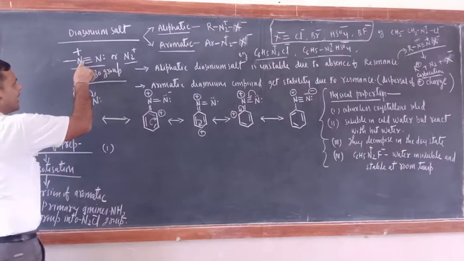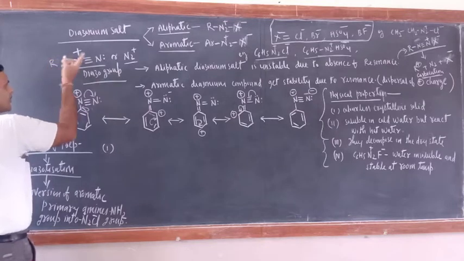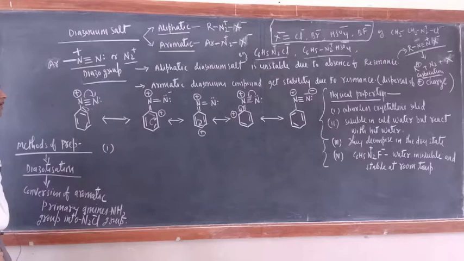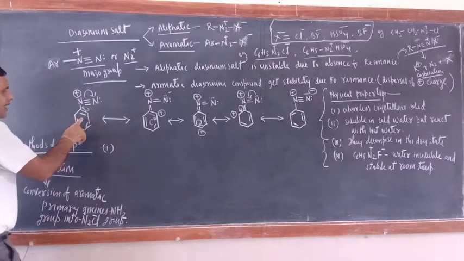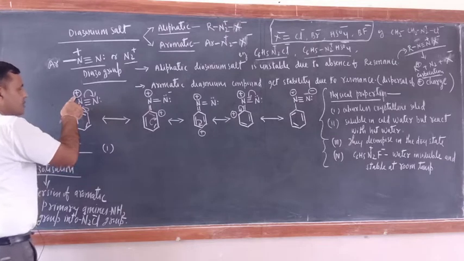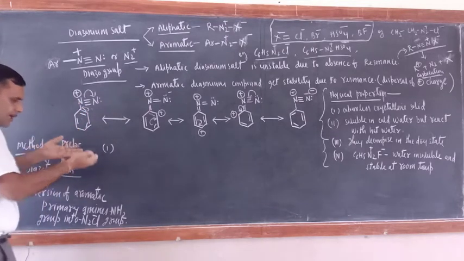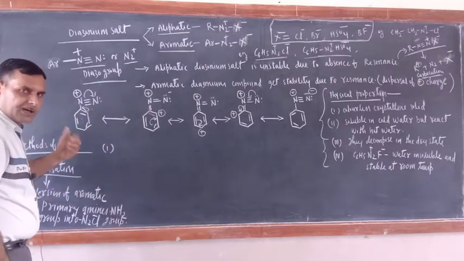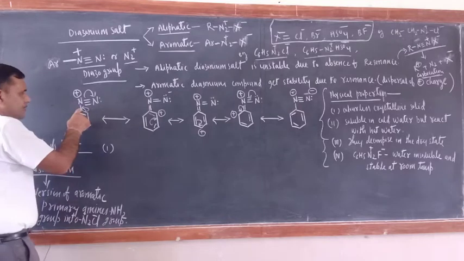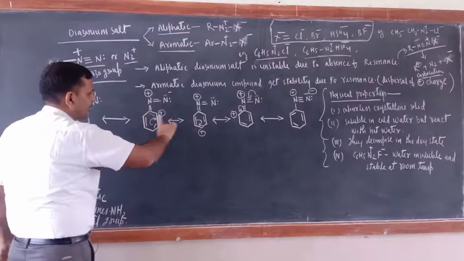N triple bond N is there. With this, if you add R, it would be aliphatic, but if you add Ar, it would be aromatic. So now I have added a benzene ring. Nitrogen has the positive charge, so it is electron deficient and will withdraw the electrons of the ring towards itself. First this bond will shift toward this side. So these are the resonating structures.